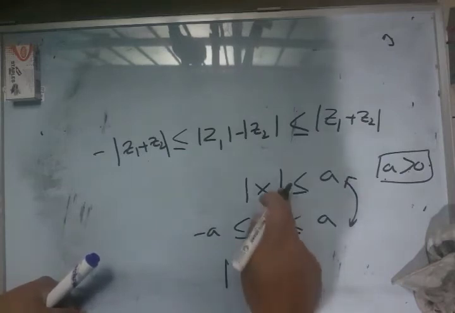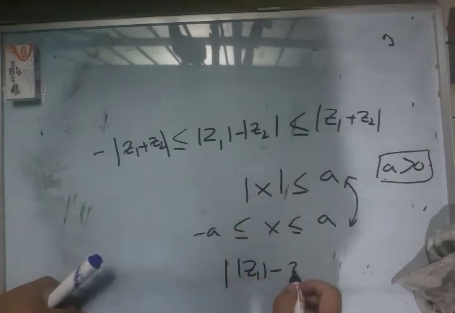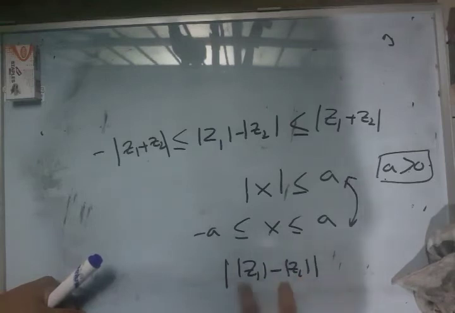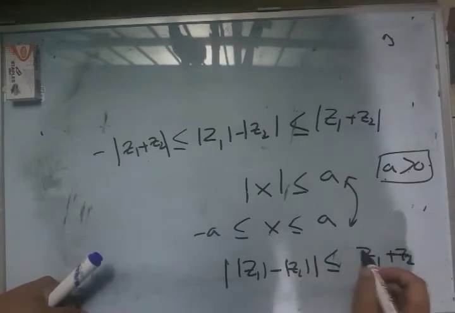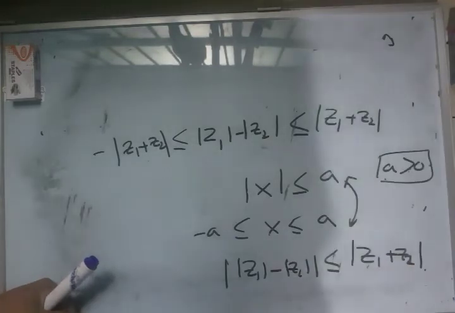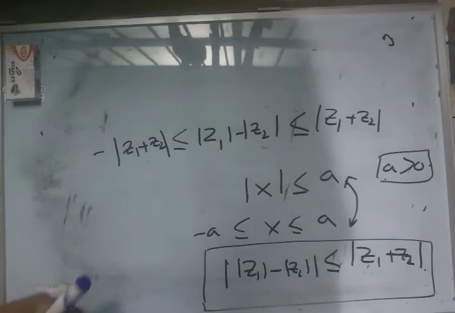Now we are going this way. Put this value inside a modulus. So the modulus of the difference of these two moduli should be less than the modulus of the sum. Okay, this is the other relationship you obtain.